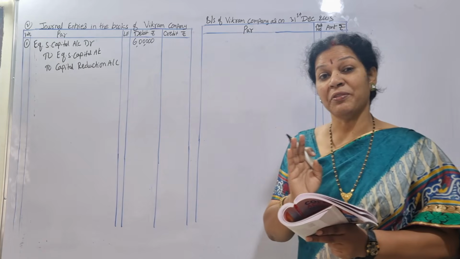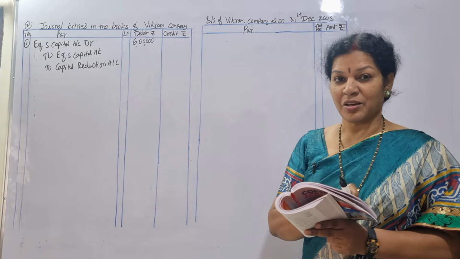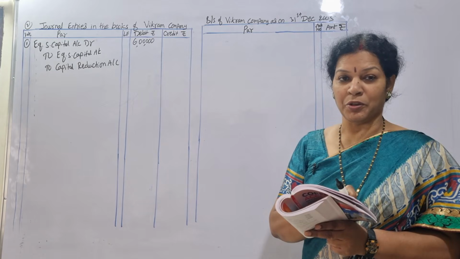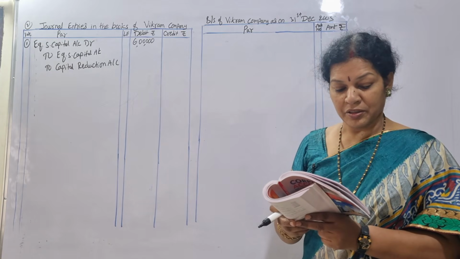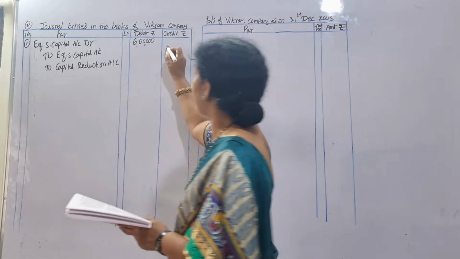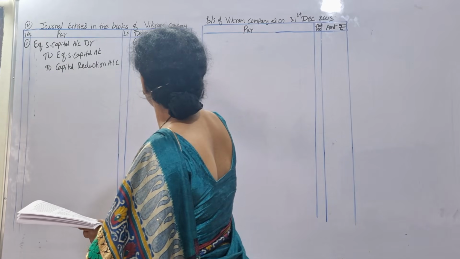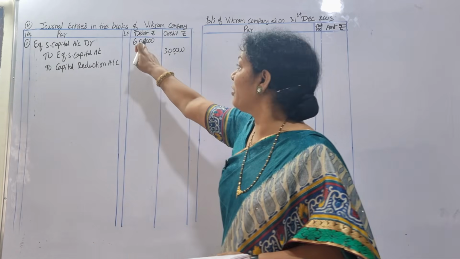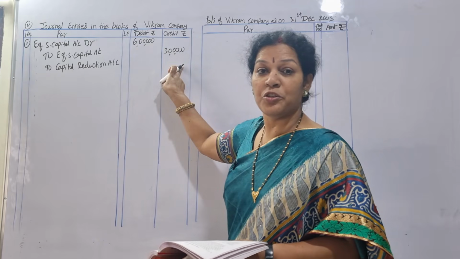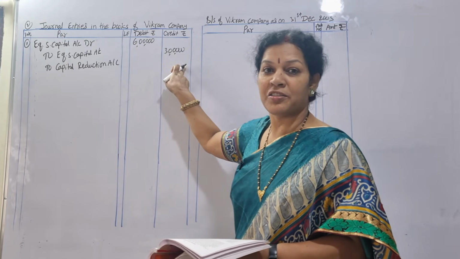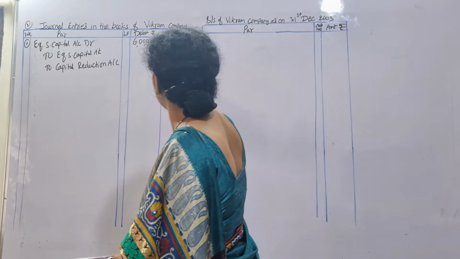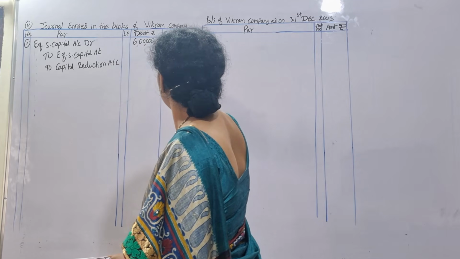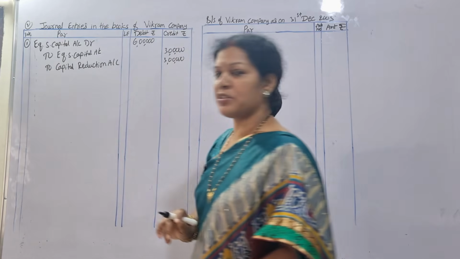Now we want to make it 50 rupees, meaning 6,000 shares into 50 rupees, which comes to 3 lakh. Here what comes? The difference between the original value and reduced value: 6 lakh minus 3 lakh comes to 3 lakh. This is the first entry.